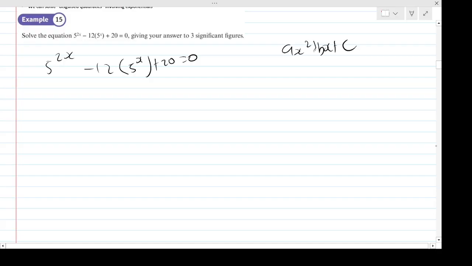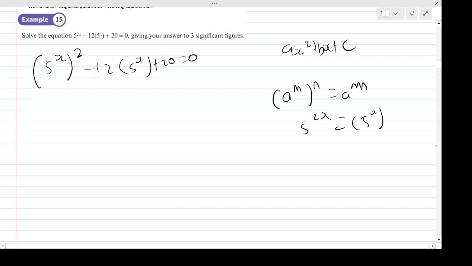But here, notice that 5 to the 2x, I can split up the powers as follows. I can say that's 5 squared times x, or actually 5 to the x all squared. Either way, that's the power law, that a to the power n, to the power m, is the powers multiplied. So I can say that 5 to the 2x is 5 to the x, all squared.